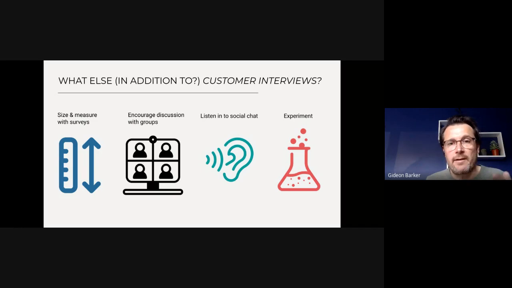Experiments, another area. There's lots I can reference there and follow up if anyone's interested, particularly in running more experiments. That might be a landing page, and you could drive traffic to that landing page and test some things out. There are platforms available where you can listen to what the chatter is on social media, on forums like Reddit.